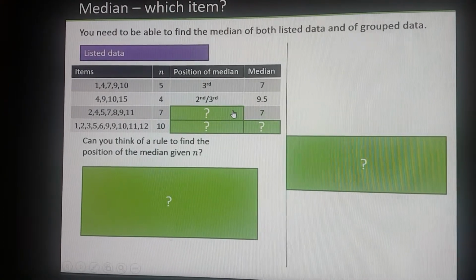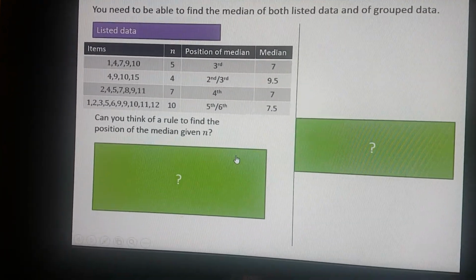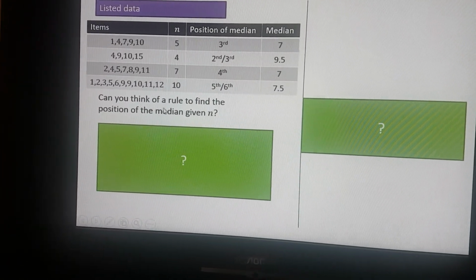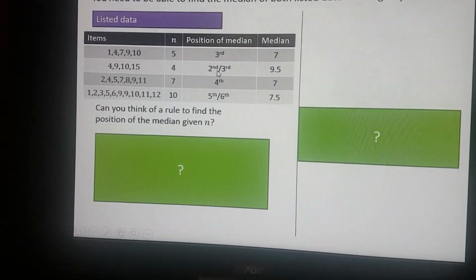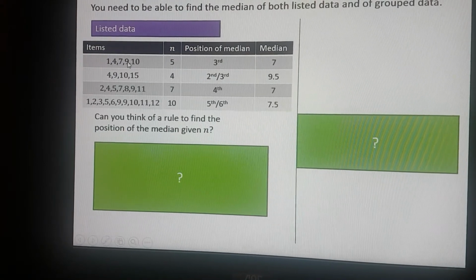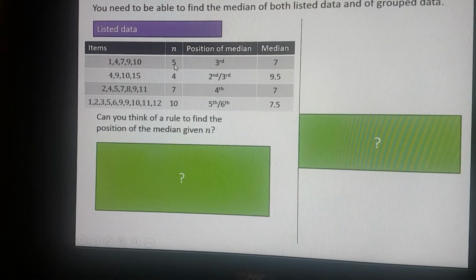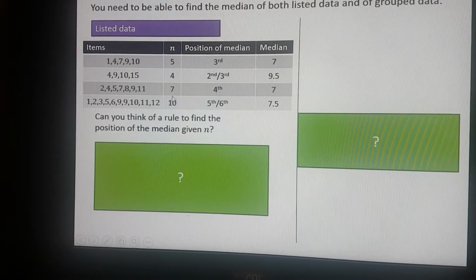That's self-explanatory. Now if we want to find a rule, can you work out how to find the position of the median? From this example, what did we do? We find n. If you think about n, we always divide n by 2.